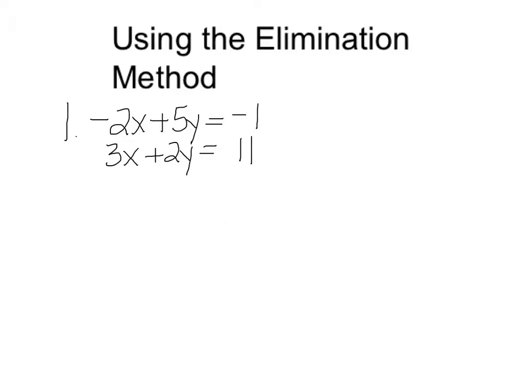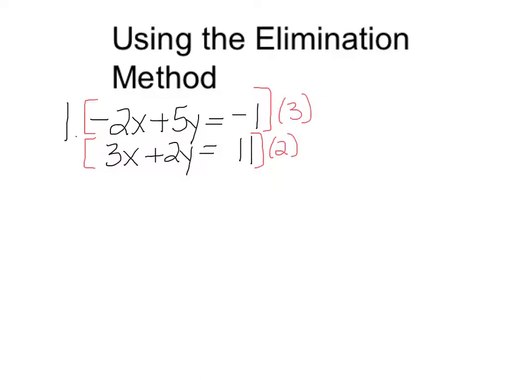So if I want to change the negative 2x into a negative 6x, I have to take the top equation times 3. If I want to change the bottom equation 3x into a positive 6x, I have to multiply the bottom equation by positive 2. And this is going to give me two brand new equations.